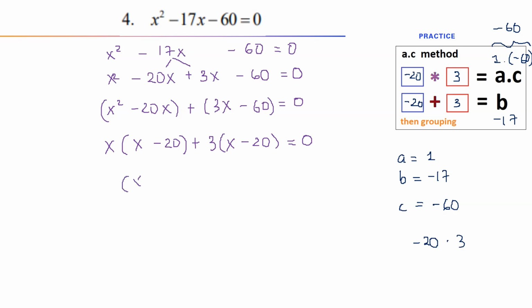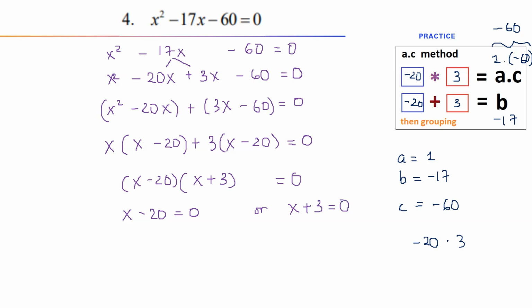Now x minus 20 is in common, take it out again, similar to another one. So now zero factor theorem, x minus 20 equals 0, or x plus 3 equals 0.